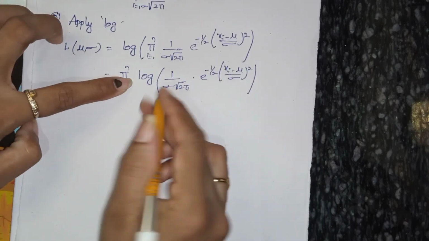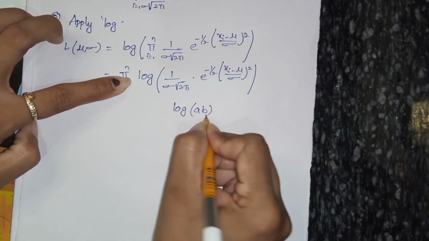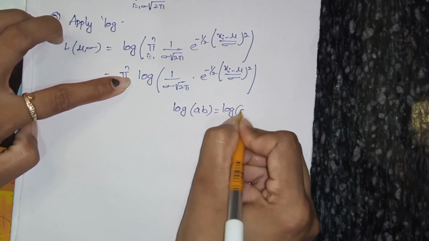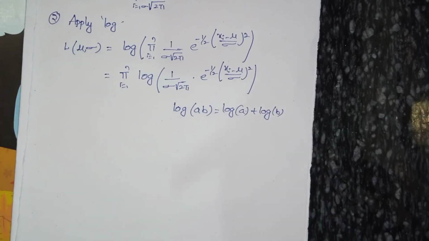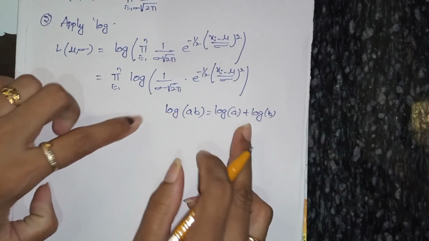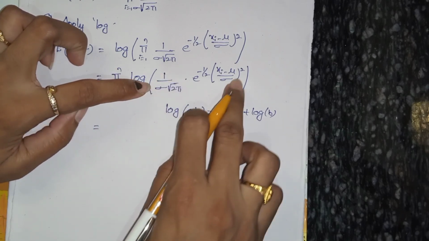If you observe, it is in the form of log of AB equals log A plus log B. Log of AB equals log A plus log B, we have to use this formula now. The log A term is this one and the B term is this one.